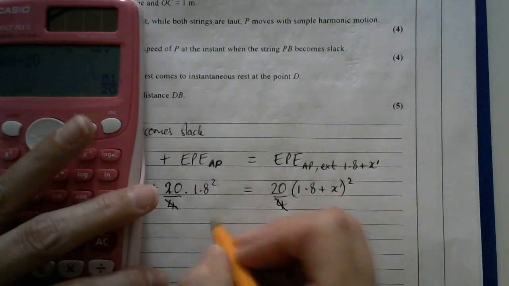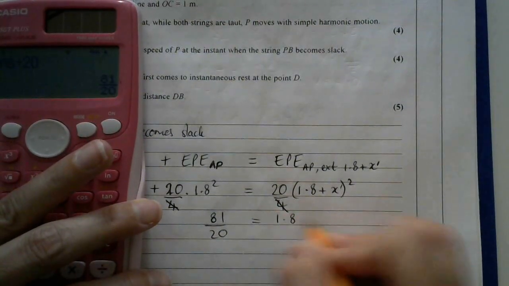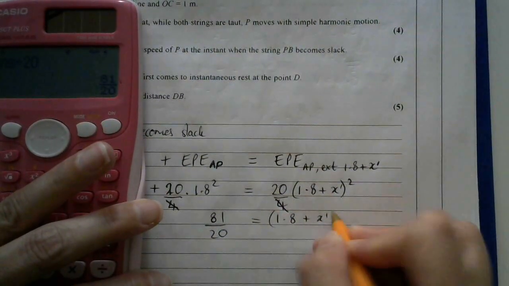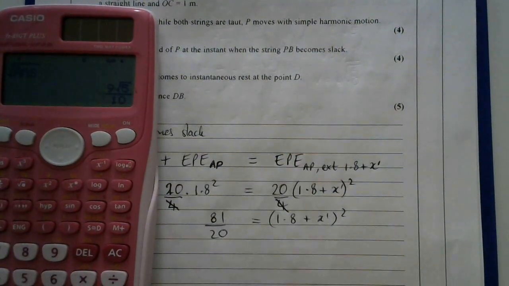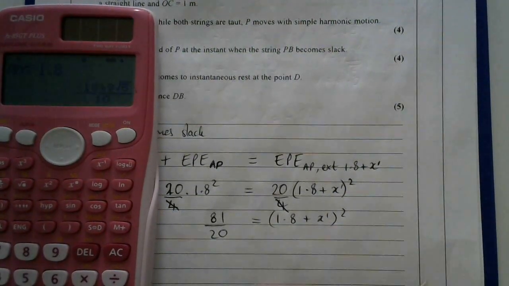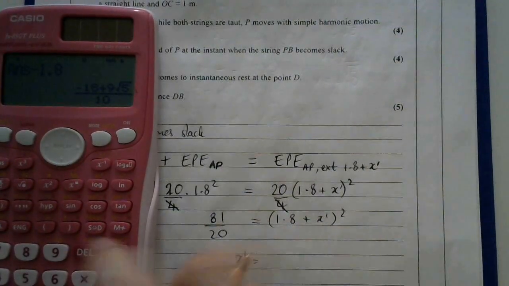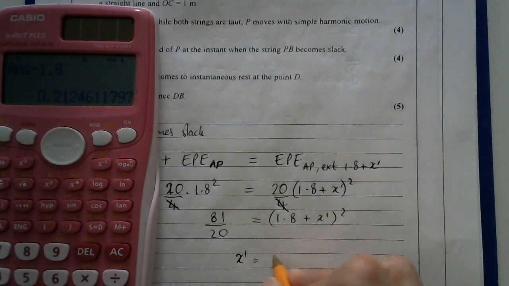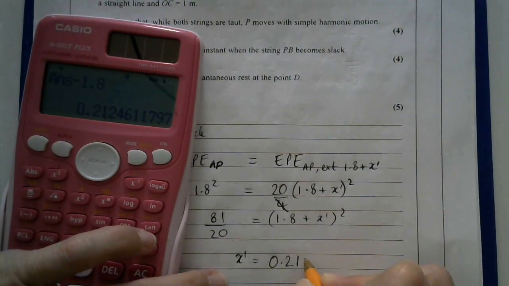And so far I've got 81 over 20 is equal to 1.8 plus x dash all squared. So square rooting this, and then subtracting 1.8, I get x dash. And so I get 0.212.